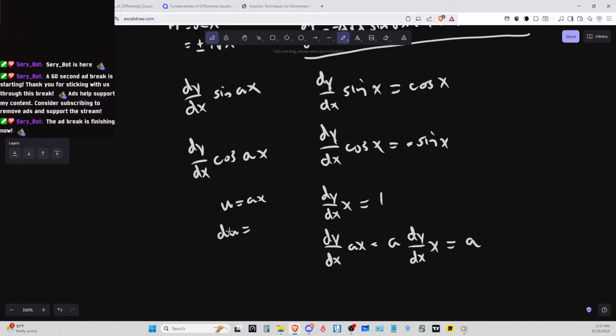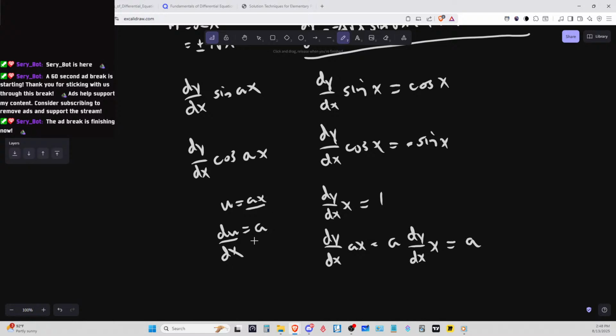So in this case, we take the derivative of u, which is du dx, and we are given a in that case.